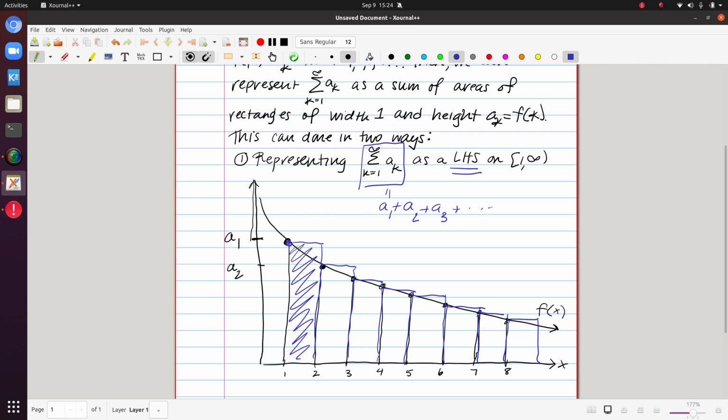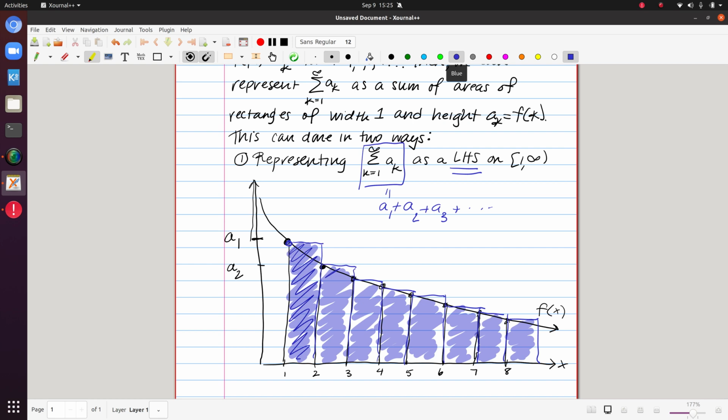Importantly, these rectangles that I'm drawing, maybe I should use the highlighter. These rectangles here each represent my series terms. What I mean by that is notice that the width of the rectangles is 1 and the height is a sub k. So what you want to envision here is that if I were to add up the actual area of these rectangles, what I would get is the sum of my series.